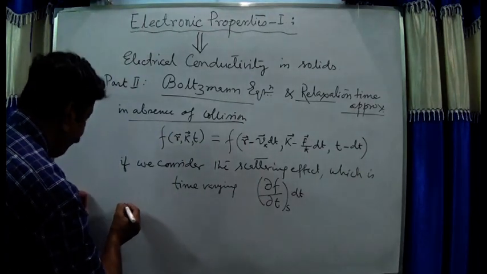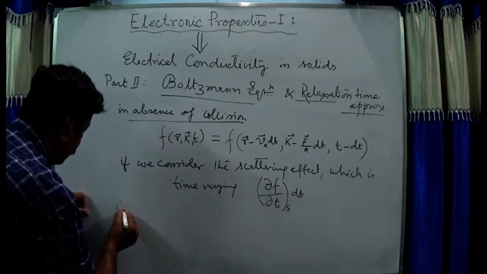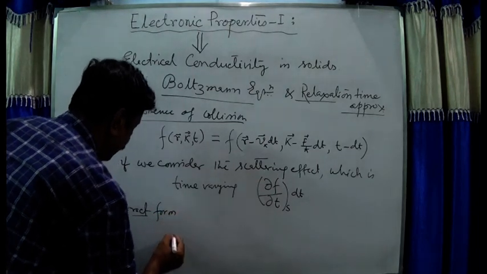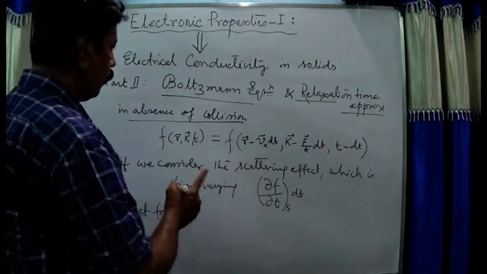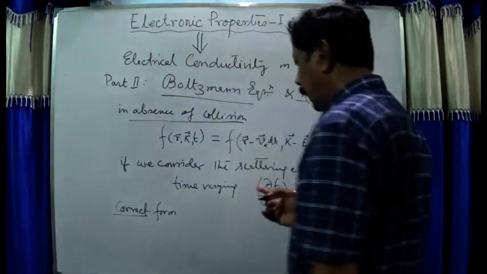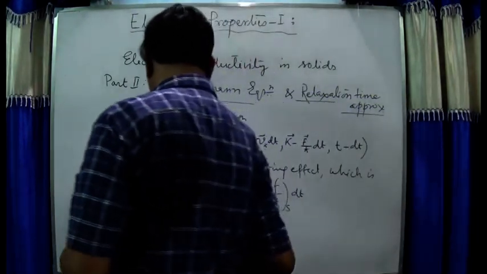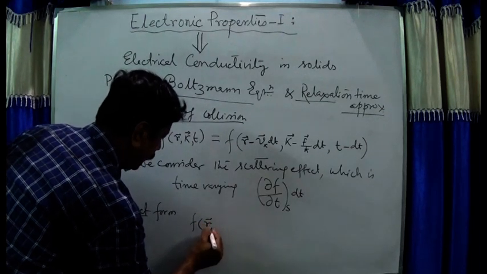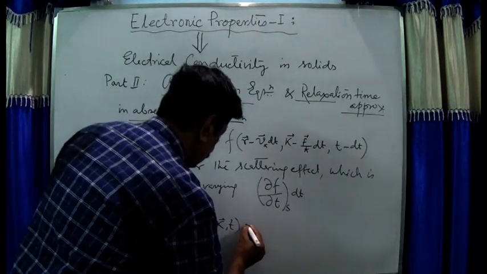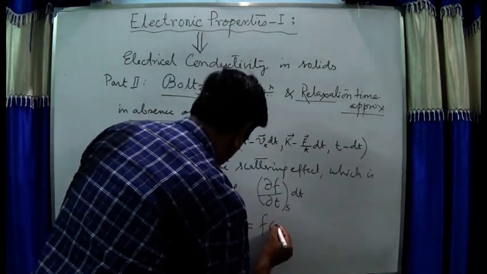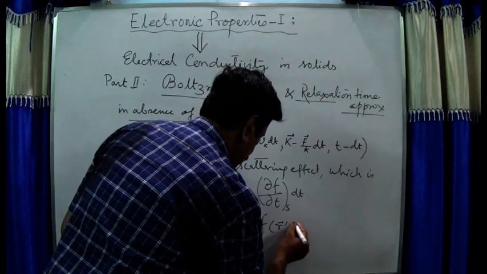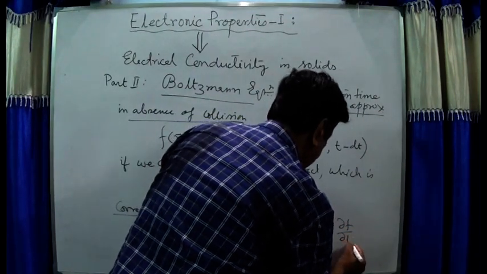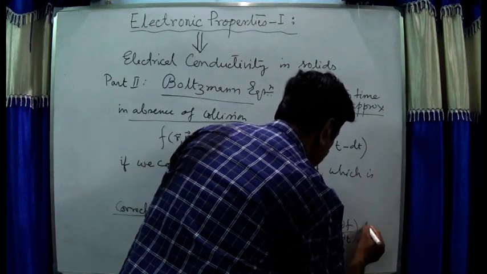So the correct form, where both the effect of scattering and the external field is taken into consideration, looks like f of r, k, t can be written as f of r prime, k prime, t prime plus del f del t s for scattering dt.